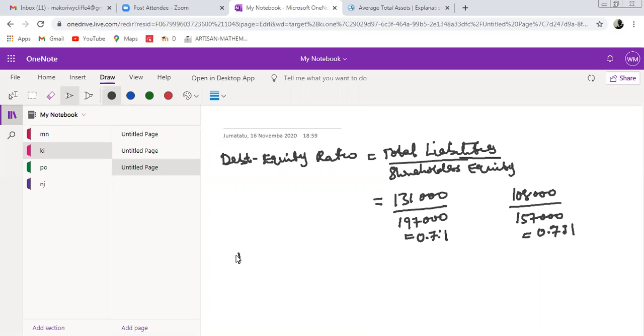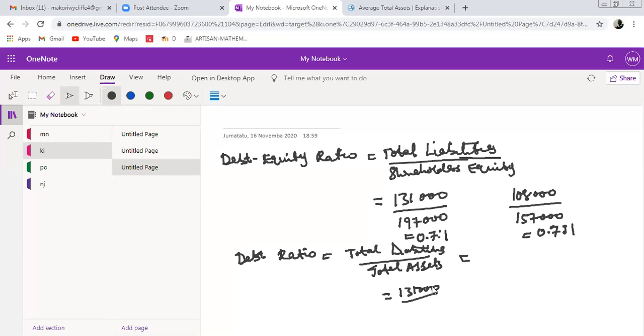We can also calculate the debt ratio using the same question, which is given by the total liabilities over total assets. Total liabilities we had calculated for Sahara were coming to 131,000, over.